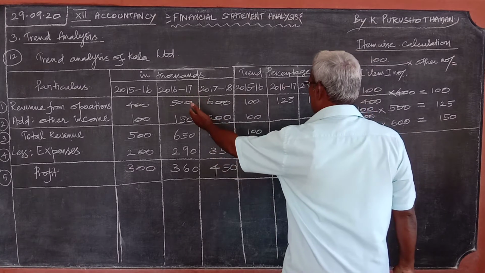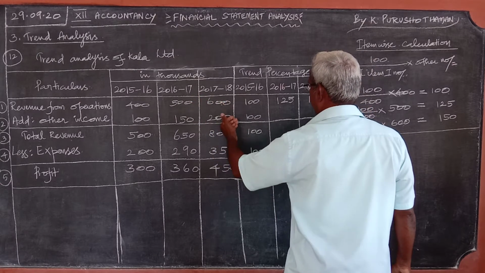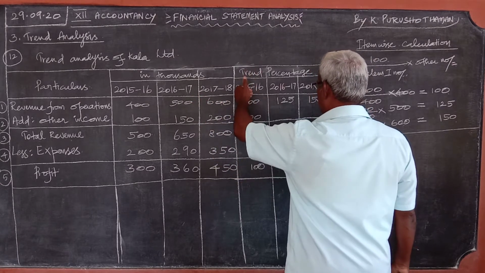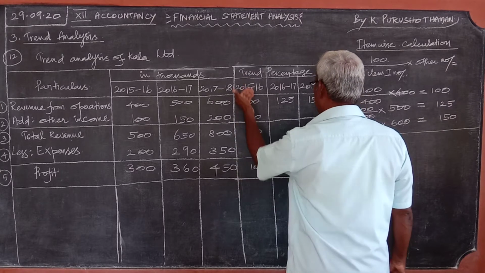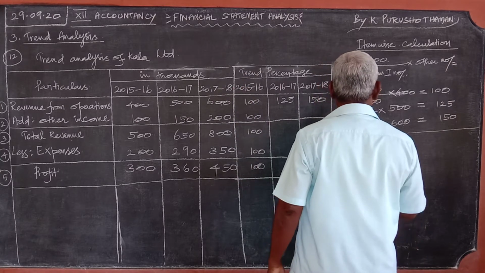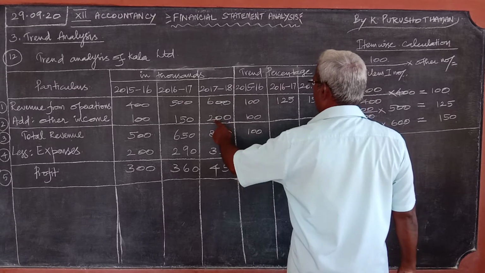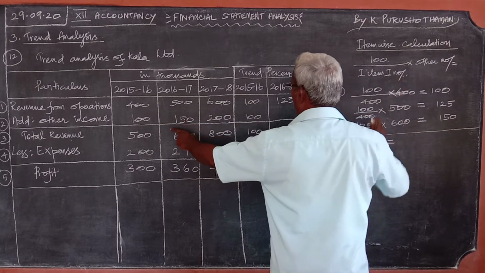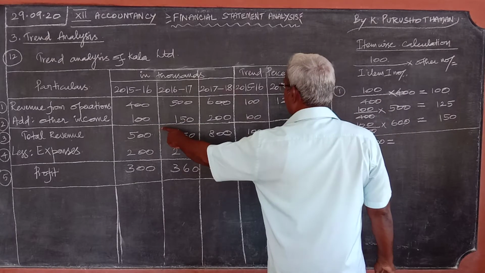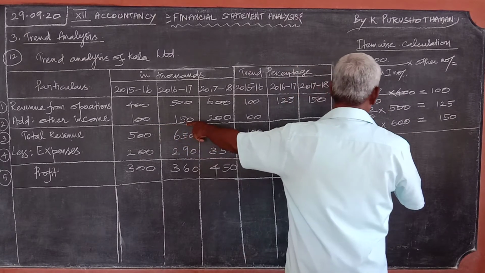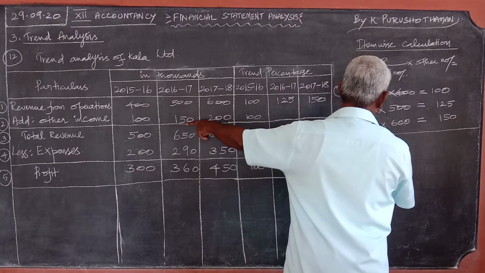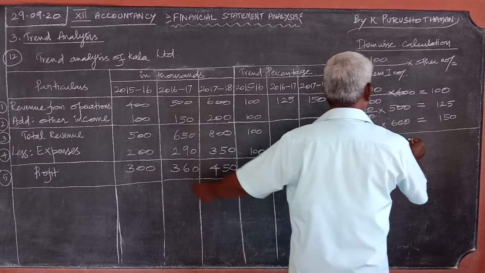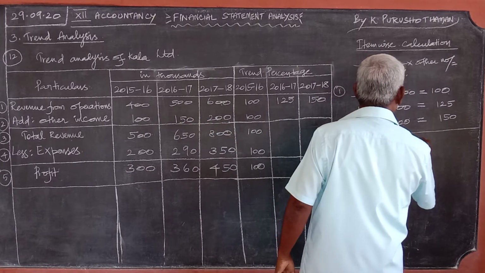From the second year onwards we can find it; for the first year we can simply write 100. So for the second year, I start from the second: 100 by the first number, into 150, which we can simplify and write as 150.